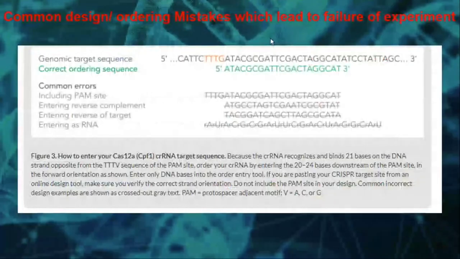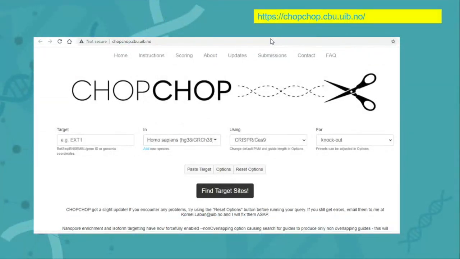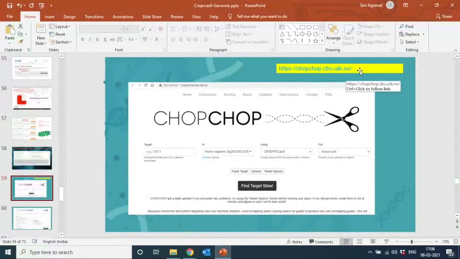Thank you so much. Now, a few minutes back, we had a question from a participant about how we can design for different Cas proteins. For this, I told you that there are different tools. This is another very interesting tool, called ChopChop. I will post the link to you all.